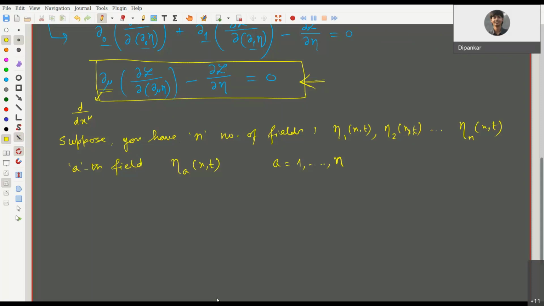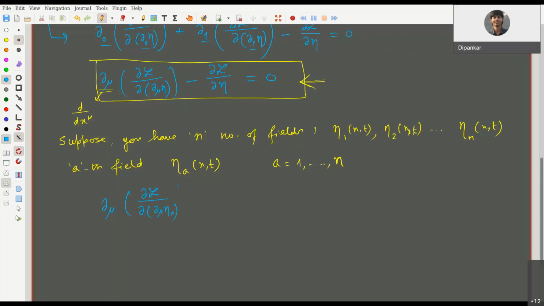I will talk about an example at the end, but for now you can perhaps understand that for each of those fields, this equation of motion will be satisfied separately. So for eta a(x,t), it is quite obvious that you replace eta by eta a.